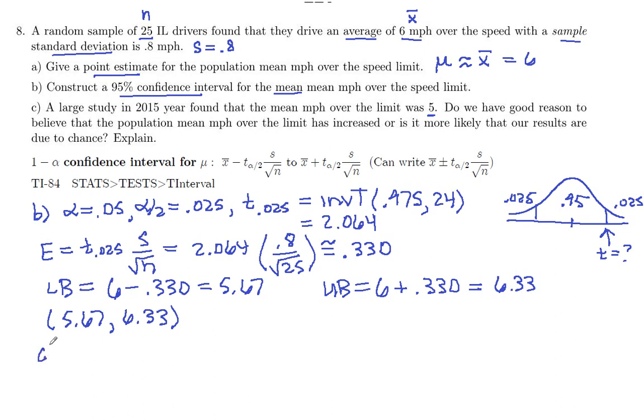So if we look at our 95% confidence interval, for 95% of samples, the true population mean is going to be in that interval. So this interval here goes from, so here's 5 miles per hour, here's 6 miles per hour over. So 5.67 would be about right here, up to 6.33 right there.